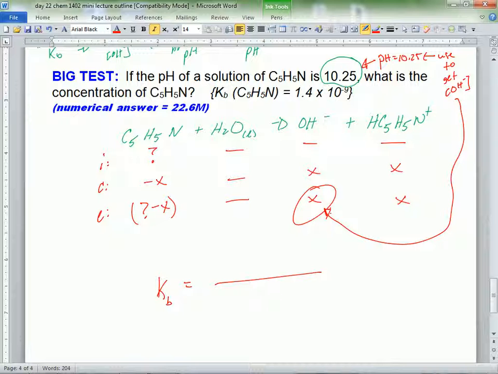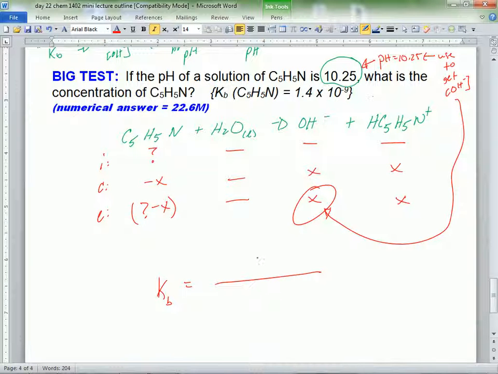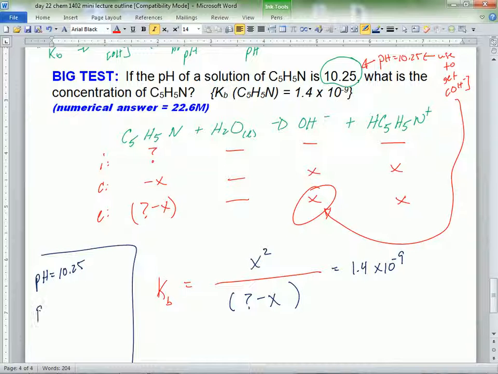Oh, that's that equation, the one of the original 7 pages. Oh, yeah. That. So pOH is what, 3.75?